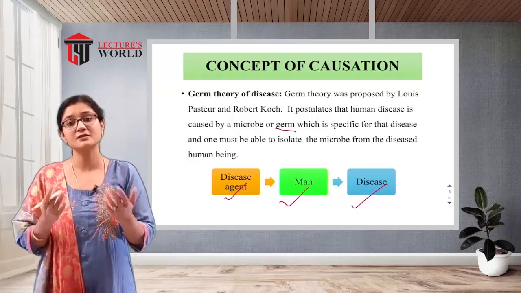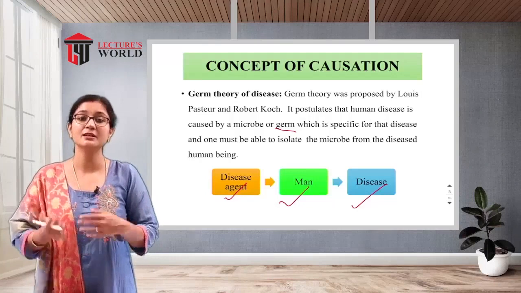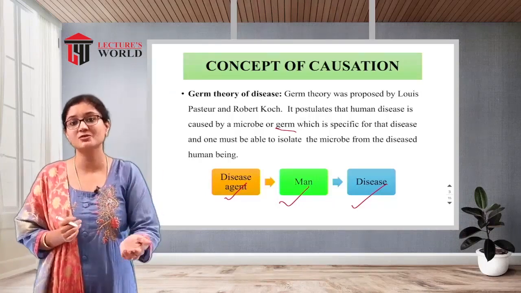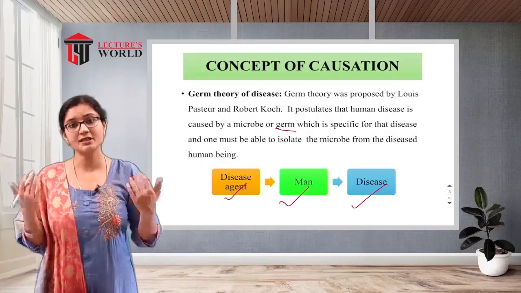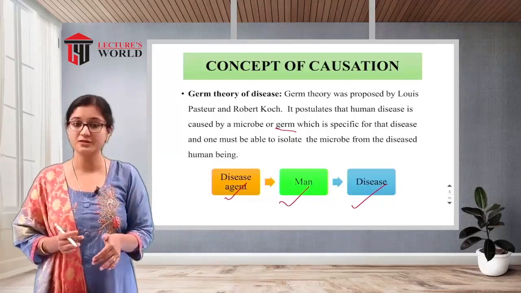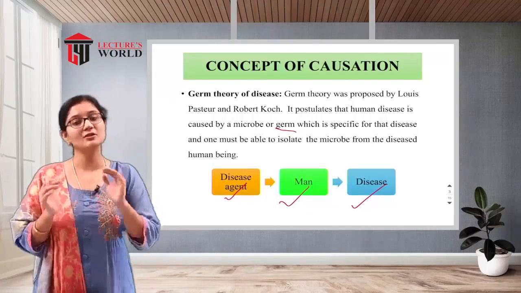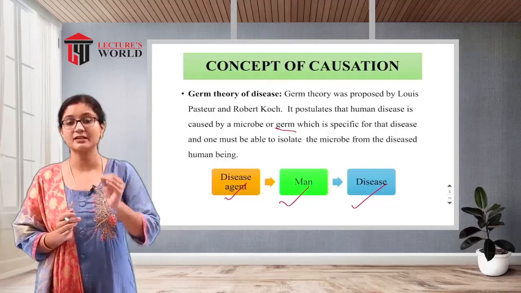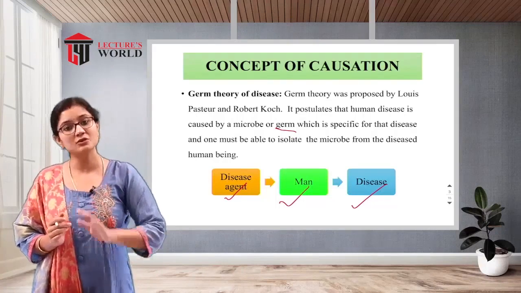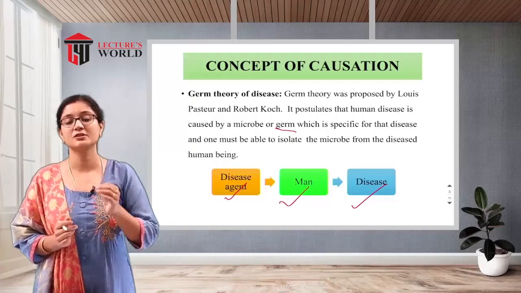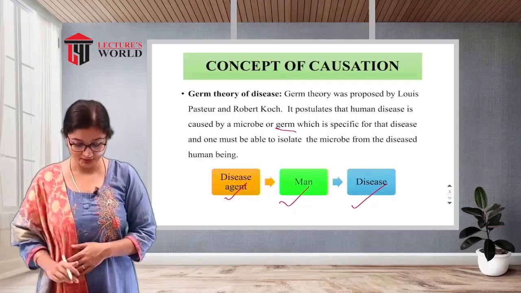As you know, if a person's immunity is low, he will be prone, or at risk, to get a disease, right? So there are many other factors also. So the germ theory of disease is very restricted. It only concentrates on the factor that if a person is getting a disease, it's only because of that microorganism going into his body. This is about the germ theory of disease.